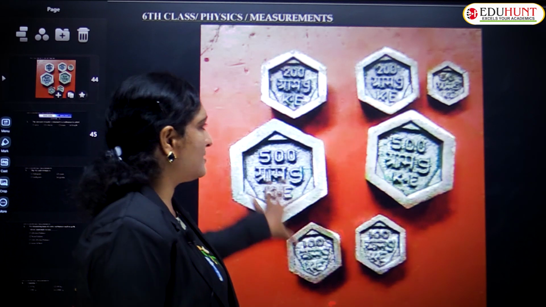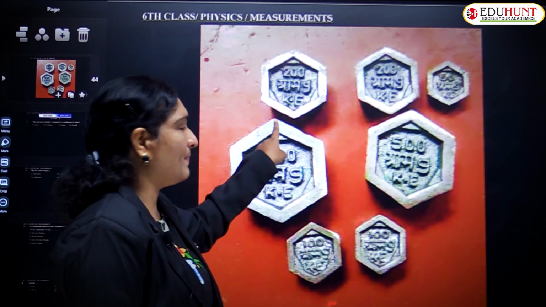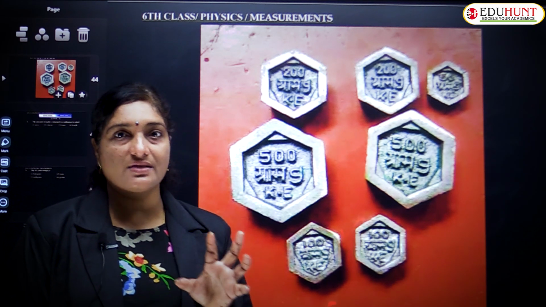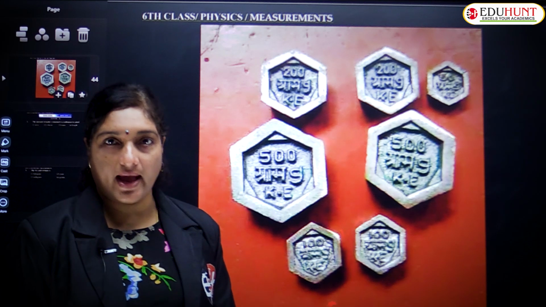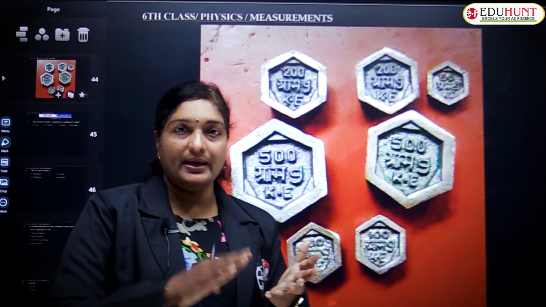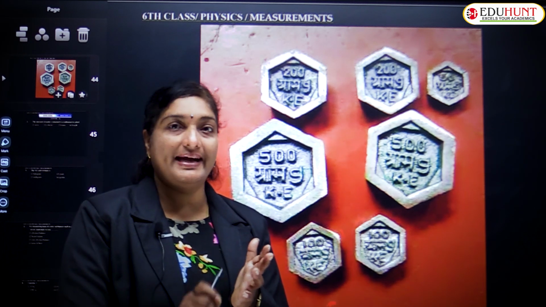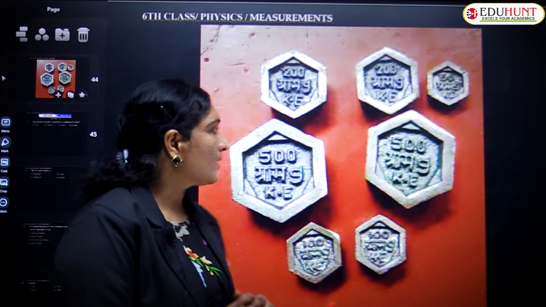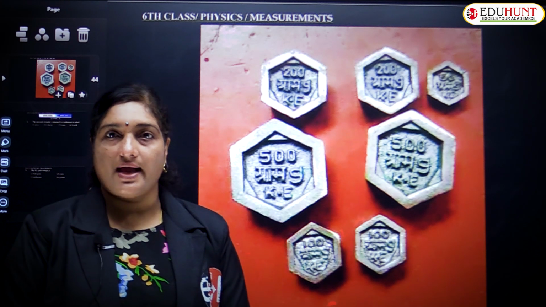These are generally made of iron and are hexagonal in shape. Hexagonal means having 6 sides. If you turn them back, the government keeps them sealed with a lead seal. These are the iron bars we use to measure the desired quantity.